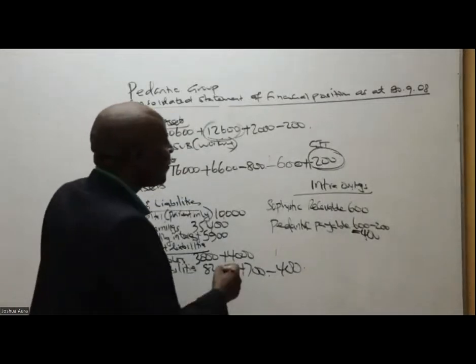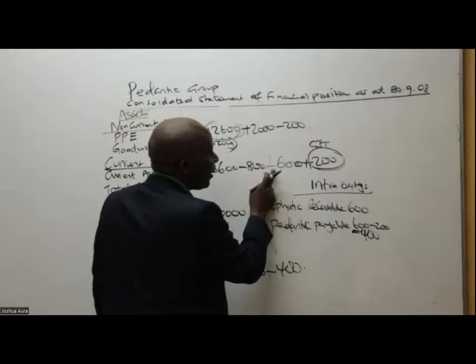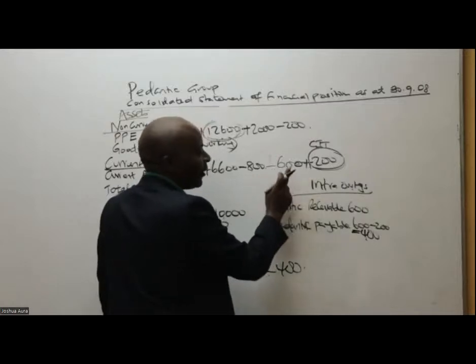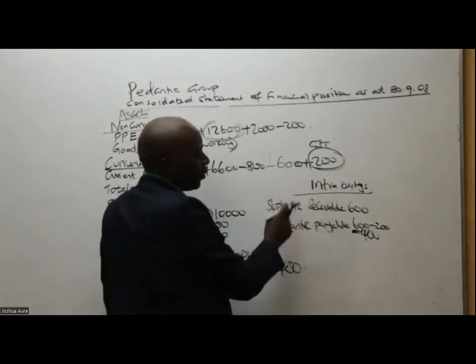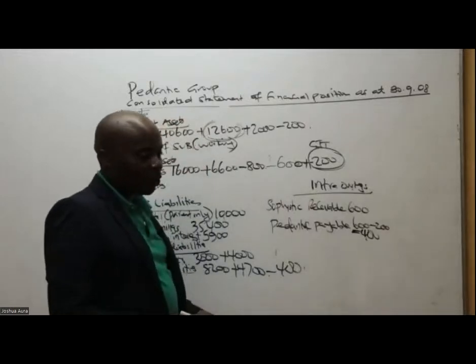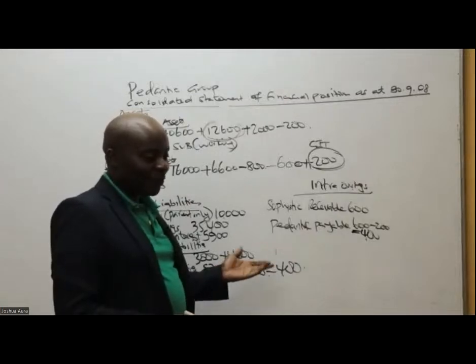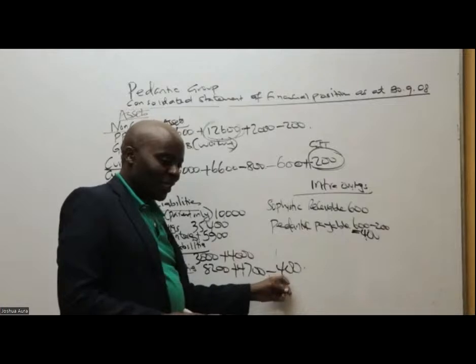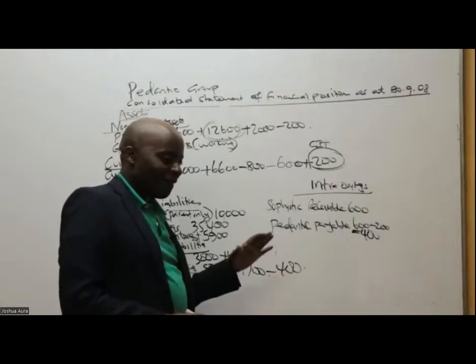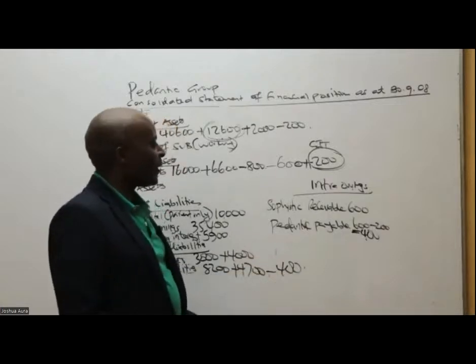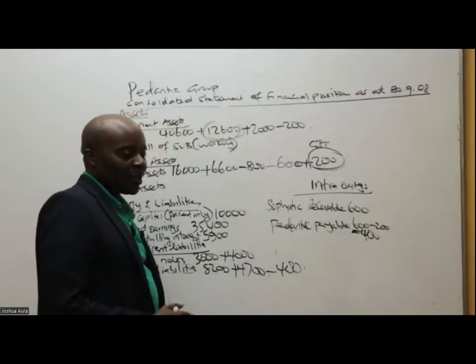And if you are a clever student, for purpose of balancing, you see minus 600 plus 200. What is minus 600 plus 200? It's minus 400, which matches this. For balancing purposes, now we are okay.